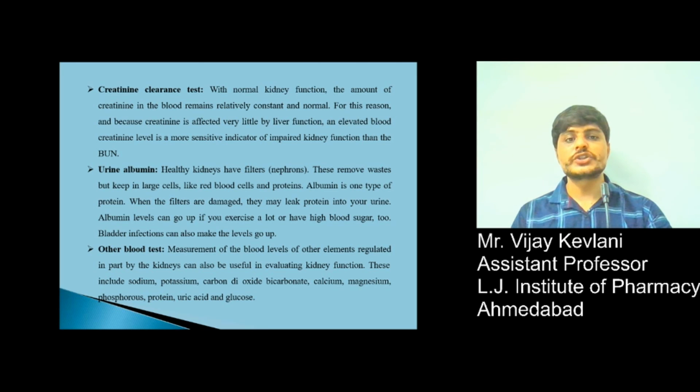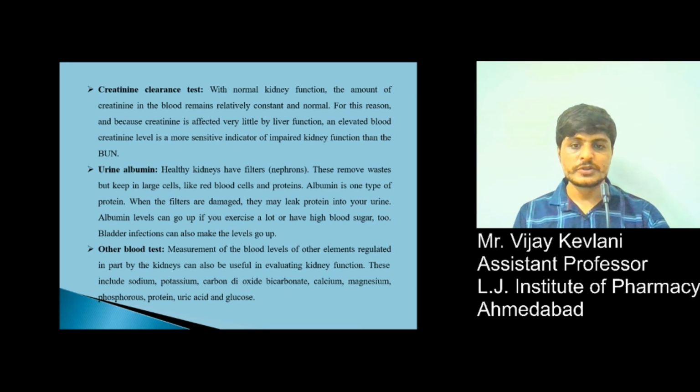Creatinine clearance. With normal kidney function, the amount of creatinine in the blood remains relatively constant and normal. For this reason, and because creatinine is affected very little by liver function, an elevated blood creatinine level is a more sensitive indicator for impaired kidney function than BUN.